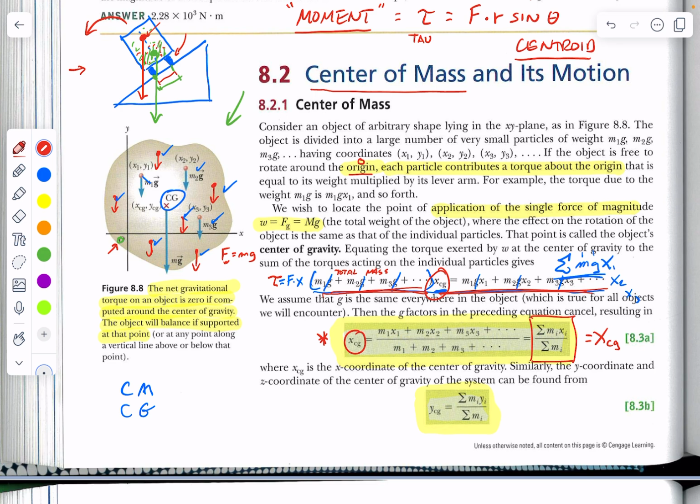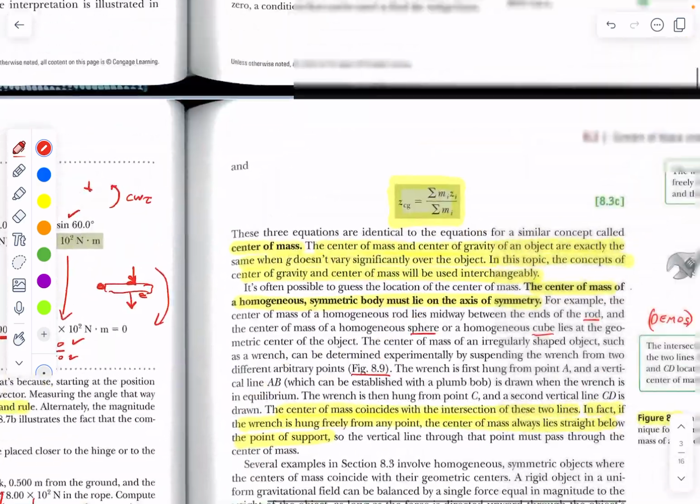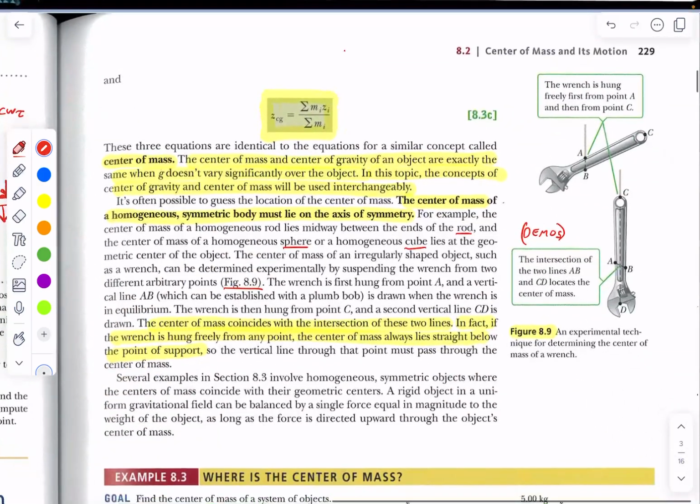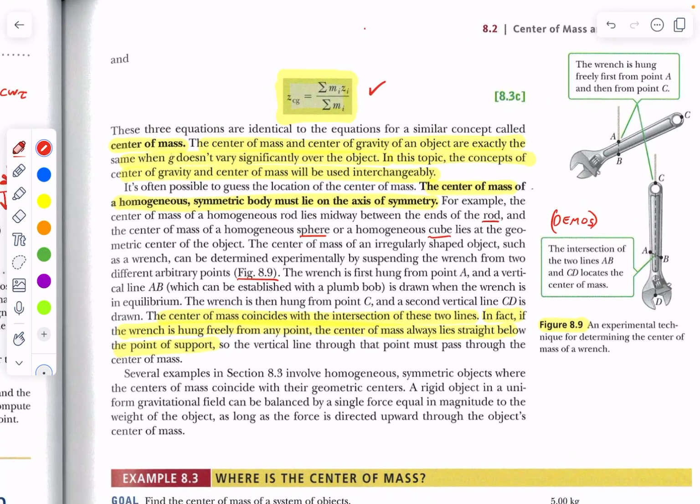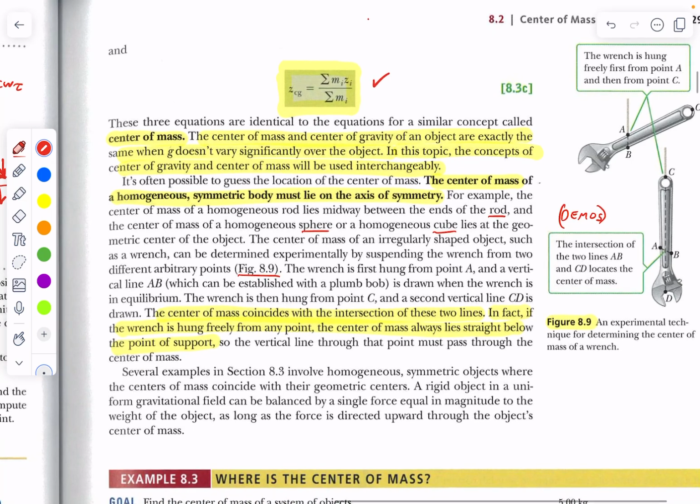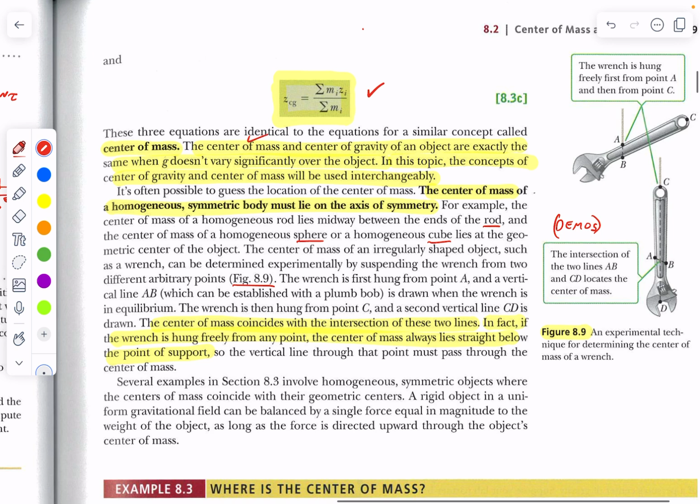Now we can also do that for the y-axis, and over here you can see we can also do it for the z-axis if we wanted to have our 3 coordinates in 3-dimensional space. Again, we're working at a maximum of 2 coordinates in a planar surface. So the center of mass and the center of gravity are exactly the same thing when g is constant throughout the object, and that'll be pretty much the case in this chapter.